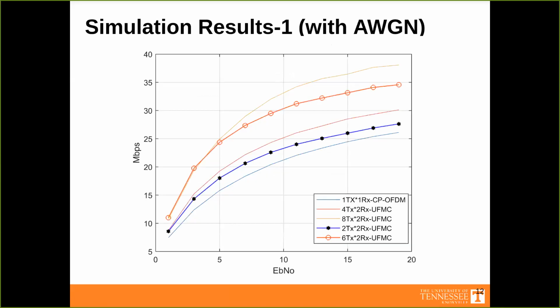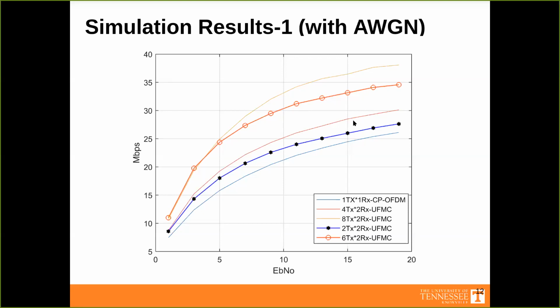First of all, we tried to compare the 1x1, which is SISO, single input, single output antenna, using the OFDM, and we see the throughput of the system using the additive white Gaussian noise channel model, and compare that with the other MIMO systems, 4x2, 8x2, 2x2, and 6x2.